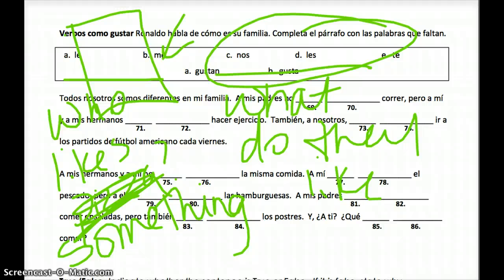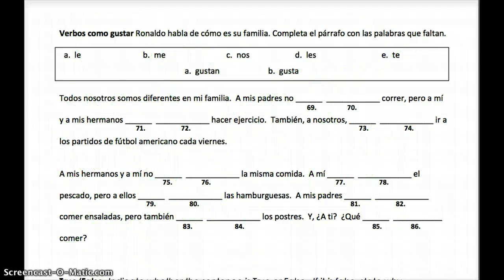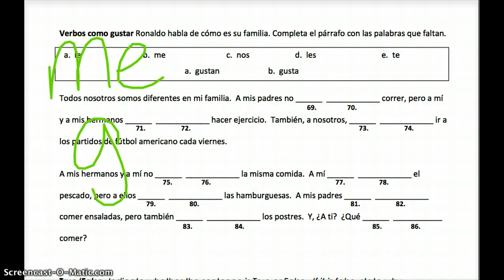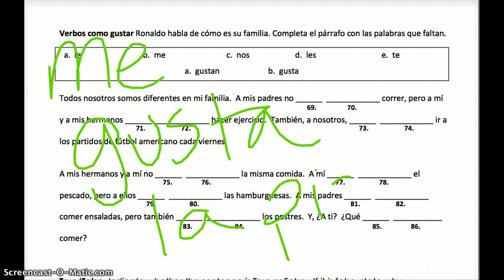So if I say, I like pizza, for instance, me gusta la pizza. So let's just say I knew that the subject was I. That's why it's me, because I am the one that is being pleased by the pizza, if you will.